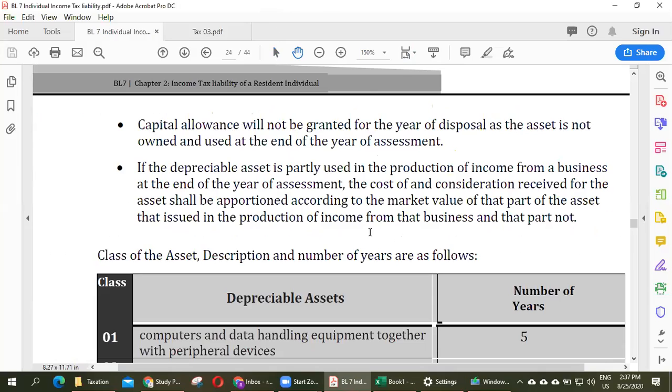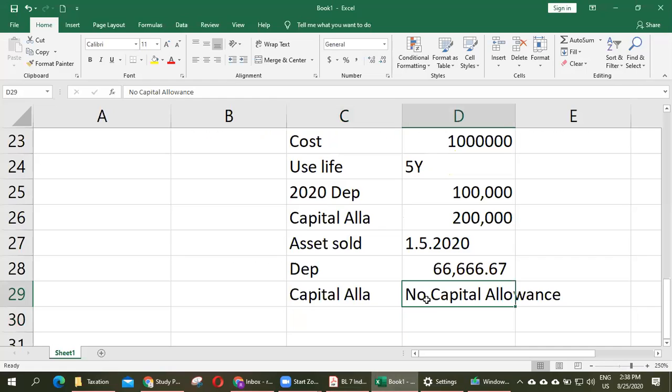If a depreciable asset is partly used in the production of income from business... One person asked me to explain again. In summary, if any asset is purchased during the year of assessment, we have to give full depreciation for that year.